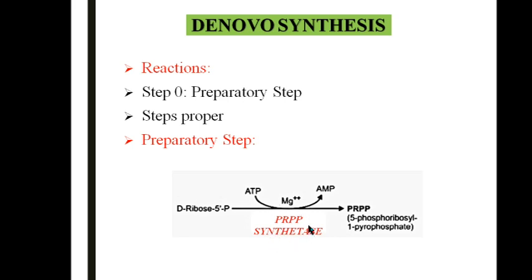So ribose 5-phosphate, with the help of an enzyme called PRPP synthetase. In most of the books it is written synthase, but make a correction, it is synthetase, which depends upon ATP, which is converted to AMP, and it requires a cofactor called magnesium in its reaction. Thus it forms 5-phosphoribosyl pyrophosphate. It means 2 extra phosphate groups are added to the ribose 5-phosphate.